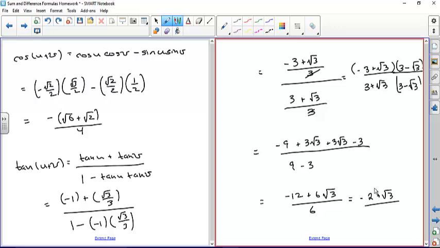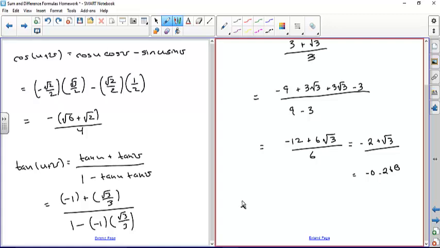Yeah, this number should be pretty close to 0, and it should be negative because it's in the second quadrant. But let's just use our calculator to do this. Get it in decimal form. So you have negative 2 plus the square root of 3. So I get negative 0.268.